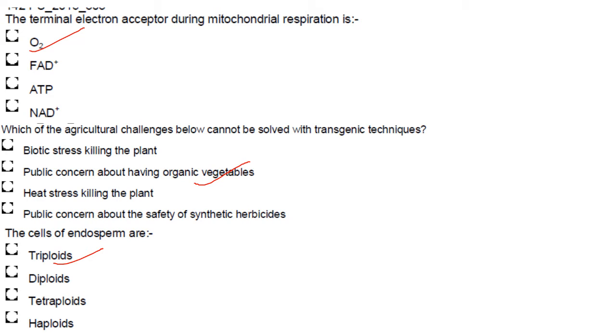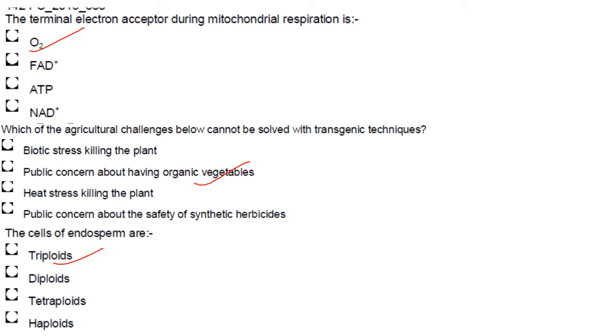Next one. The terminal electron acceptor during mitochondrial respiration is oxygen. Answer is option A. Which of the agricultural challenges below cannot be solved with transgenic techniques?